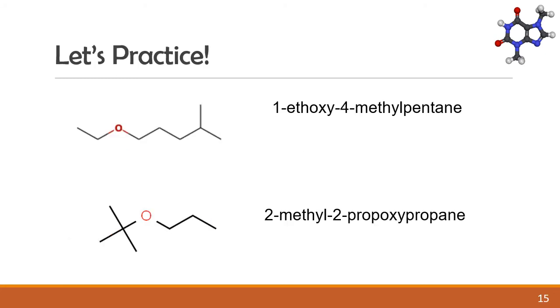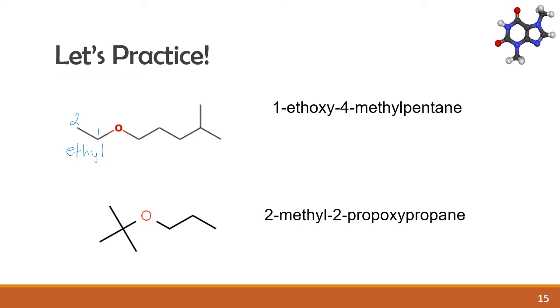Let's practice naming these two ethers using the common naming system. The IUPAC name of the first ether is 1-ethoxy-4-methylpentane. To get the common name, we simply name the chain on the left side and the right side of oxygen separately first, then put them together alphabetically, then attach the word ether. The chain on the left side has 1, 2 carbon atoms, so its name is ethyl.